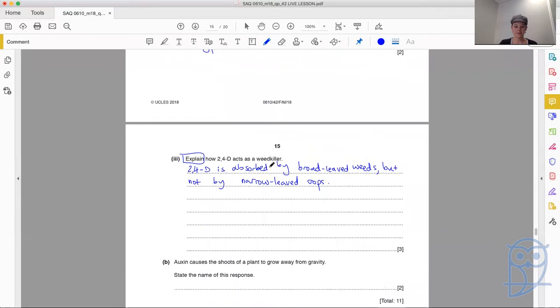So the auxin in 2,4-D increases plant growth rate. But it doesn't increase photosynthesis, just growth. So the plant actually can't photosynthesize fast enough to keep up with this growth.